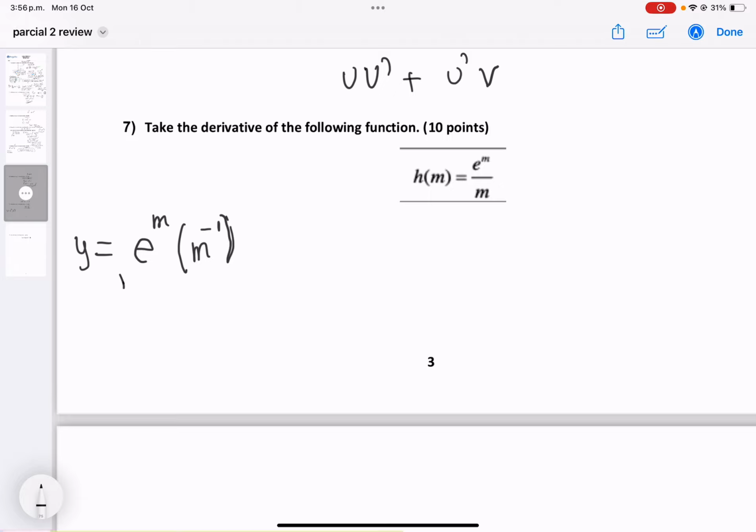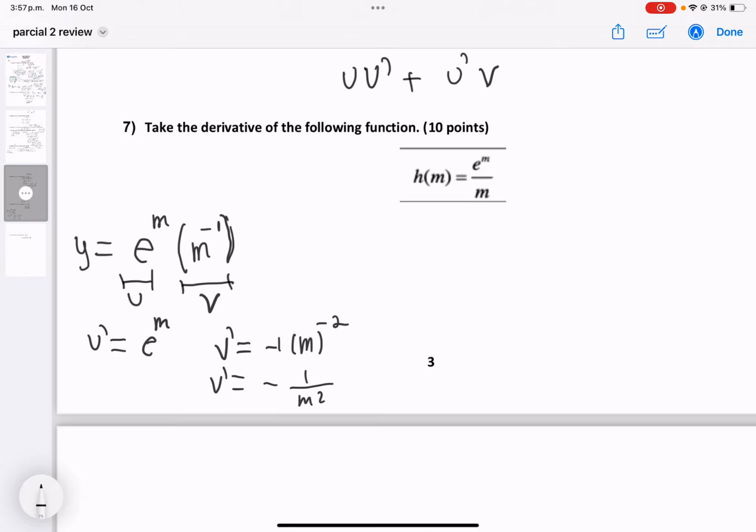What is u here? This is u. And what is this? This is v. What is u prime? Well, it's the same because it's an exponential function. And what is v prime? That is negative 1 multiplied by m to the negative 2. And this is the same as negative 1 over m squared.